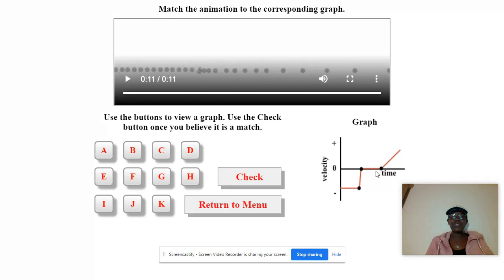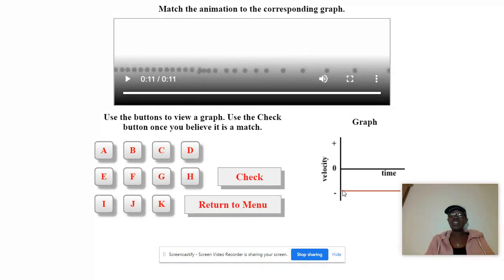It does show that there's no motion, and then the car takes off. But look, it also shows that there's nothing here, and look at where our time is labeled. We also would have to pay attention to this graph, that this graph not only has positive numbers, it also has some negative values. Let's look at C.